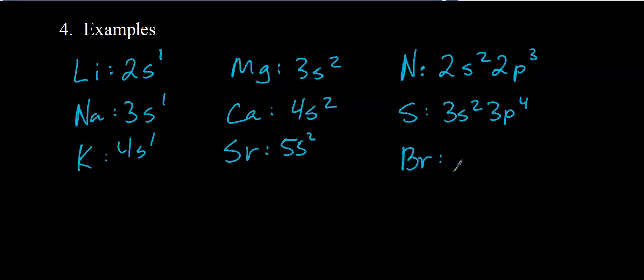Pause the video, write the valence configuration for bromine, and tell me how many valence electrons bromine has. Hopefully you got this. Some of you may have put 5s2, 4d10, 5p5. Let me show you something.